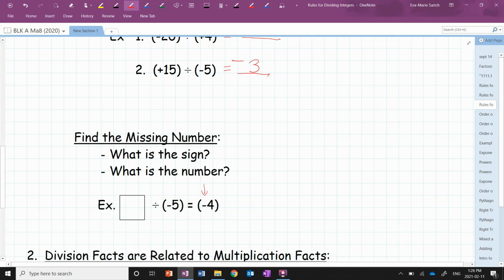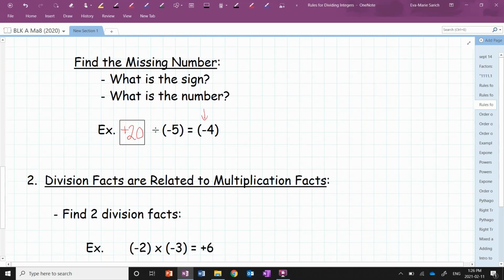That means they have to be different. So if this one is a negative, this one would have to be a positive. You could work in the reverse of that also. You could go a negative times a negative is going to give us a positive. So now, what number divided by 5 is 4? Or you can think 4 times 5 is equal to that number, and that number would be 20.